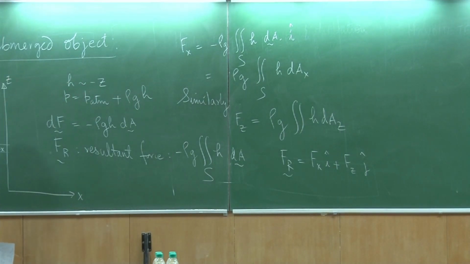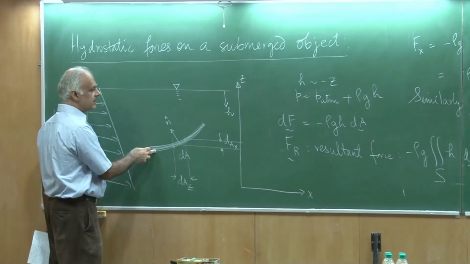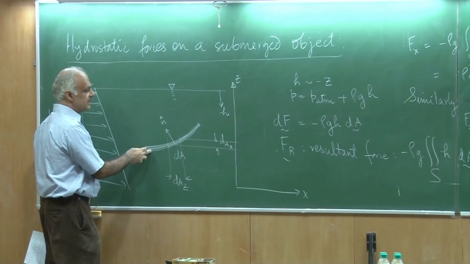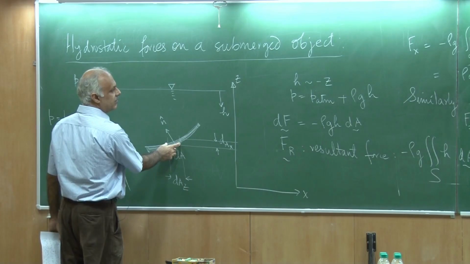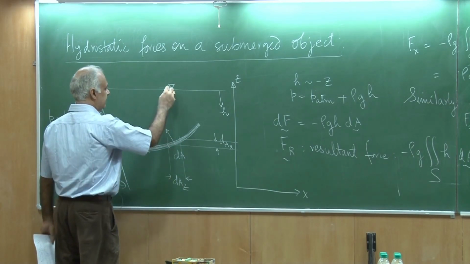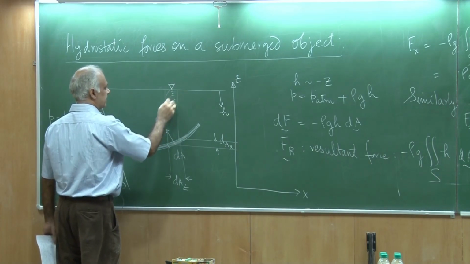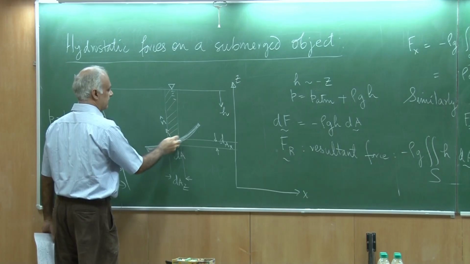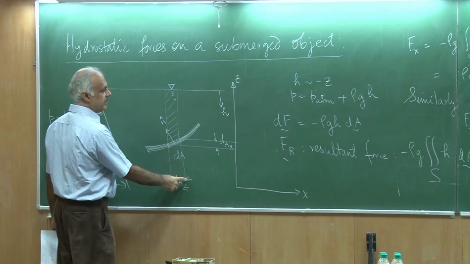What is the physical interpretation? Rather simple. If I want to calculate the force on this object, what is being said is that if I take an elemental area, then notice h dAz is simply this h times this dAz.